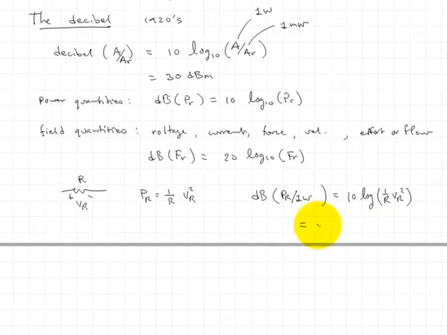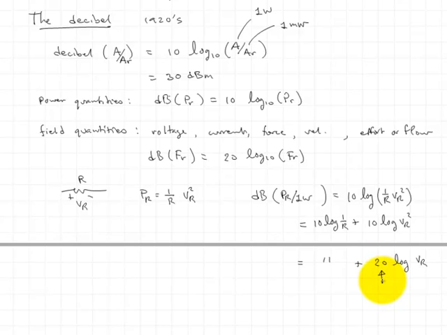Now I can write 10 log of 1 over R plus 10 log of V_R squared. And this can be rewritten by pulling the power of 2 out, as 20 log of my voltage. This is where the 20 comes from. The idea is that power is typically proportional to the square of some field quantity.